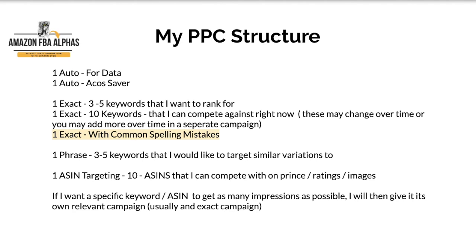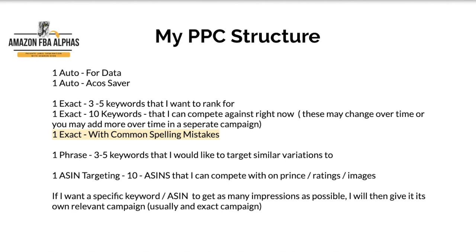If I want a specific keyword or ASIN to get as many impressions as possible, I'll give it its own relevant campaign, usually an exact campaign. So for example, if I want to rank for, let's just pretend, fitness water bottle for women, I will put fitness water bottle for women in an exact campaign on its own with no other keywords.